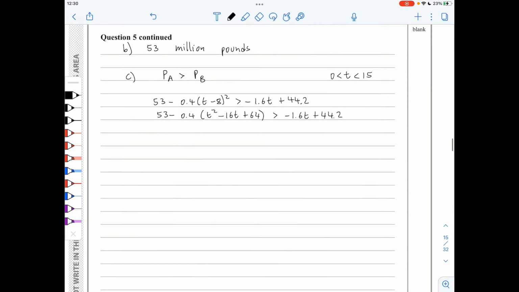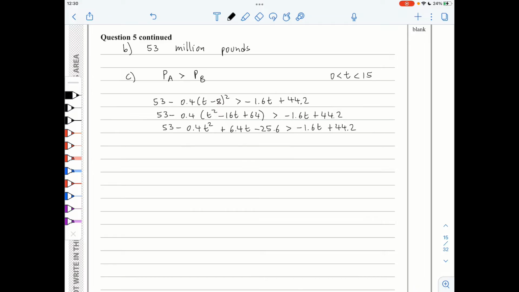A further expansion on the left hand side gives me 53 minus 0.4t squared plus 6.4t minus 25.6 greater than minus 1.6t plus 44.2.